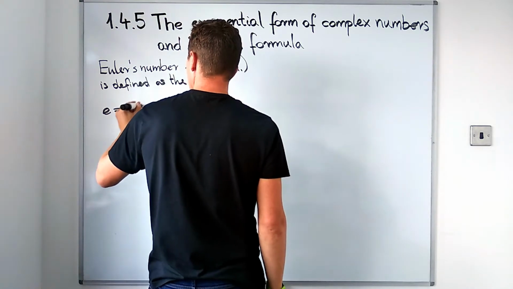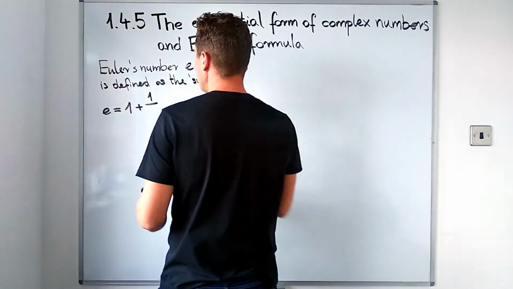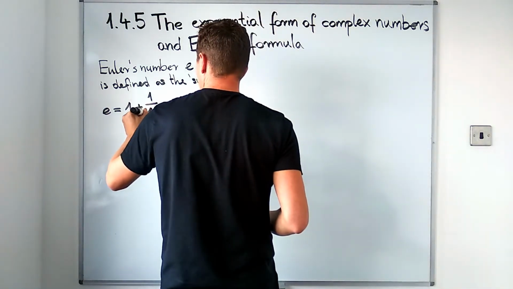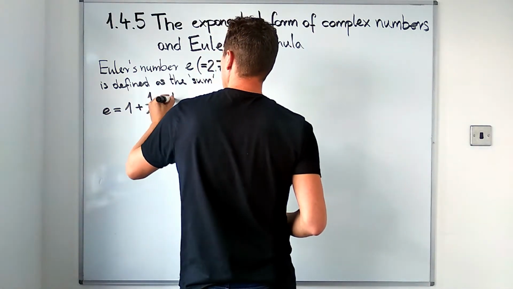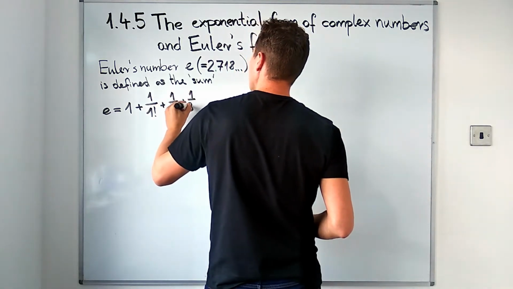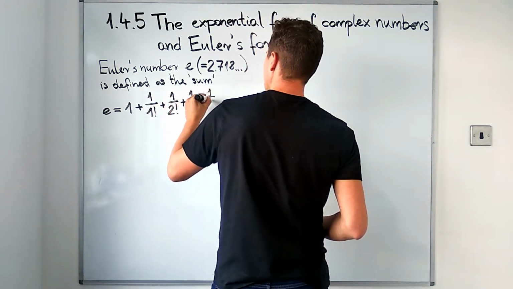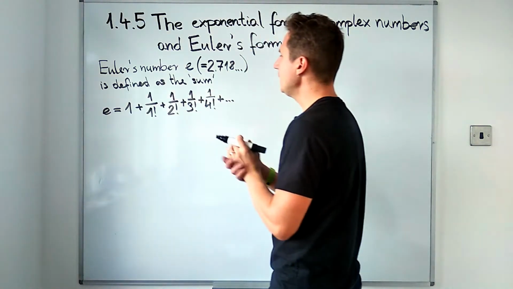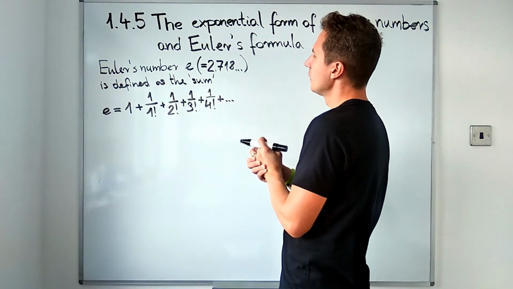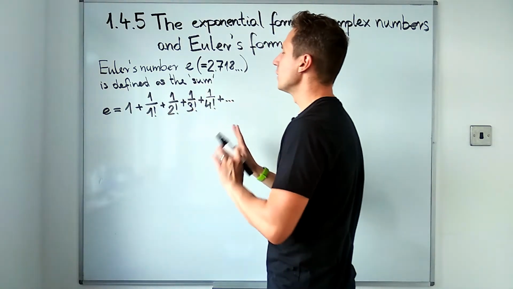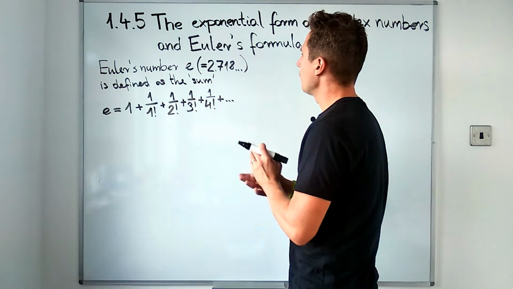So e can be defined as the sum 1 plus the sum of the reciprocals of factorials. So 1 over 1 factorial plus 1 over 2 factorial plus 1 over 3 factorial, and so on. You get the idea. So this is how this number can be defined. We'll understand what it really means to add infinitely many terms later on in the module.